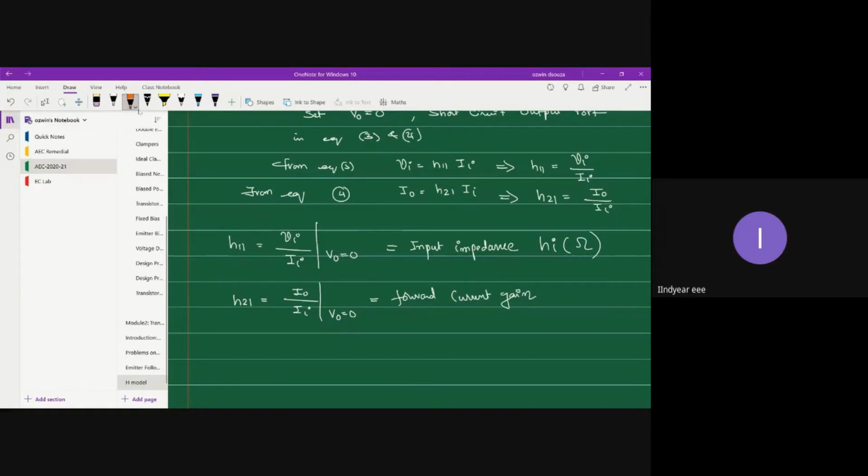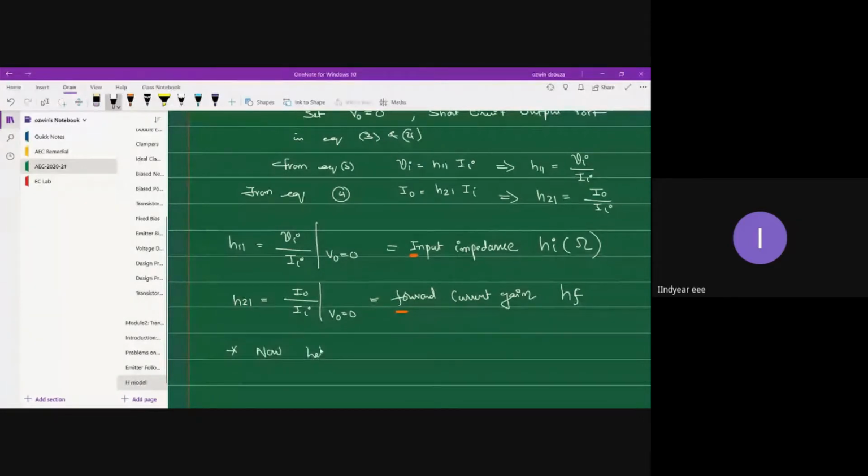Since it is called forward current gain, it is written as Hf. In the previous case, I told you that input impedance is taken as Hi because the i term is present there. That is what you get when you set your output port voltage as 0.